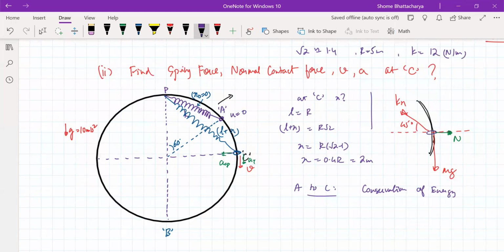Yes, sir. So conservation of energy will tell us that, plus half mv square, speed is increasing, minus mgh plus half kx square should be 0, where h is now this height.